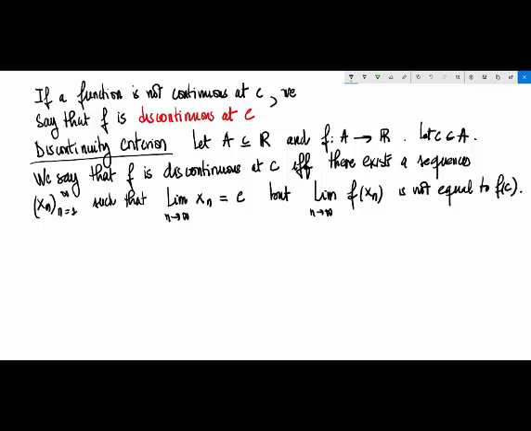So in other words, the sequence f of xn is not convergent to f of c. As an illustration, here is a good example. Let f be given as follows. It's 1 if x is non-negative and -1 otherwise.